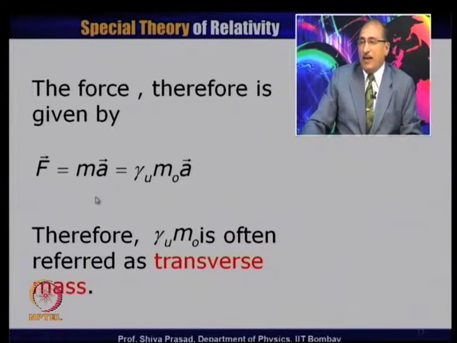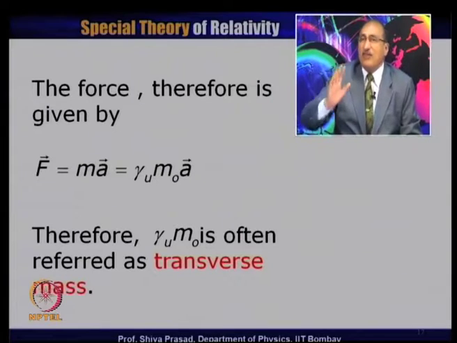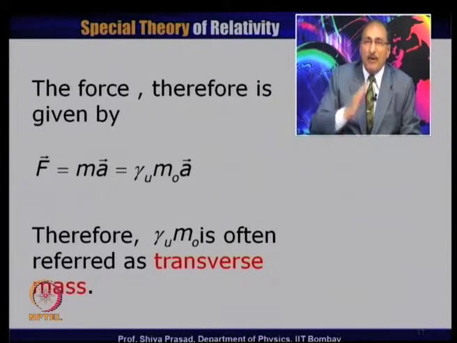The force will be given by f equal to ma, and of course, m, as we have said, is a velocity dependent mass. So, it must be written as gamma u times m naught a. This would be the case which we thought could have been one of the definitions of force. In principle, this definition of force is applicable only when force is perpendicular to the direction of u. In that particular case, f is indeed given by gamma u m naught a.